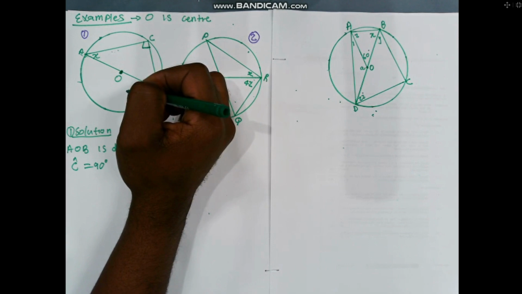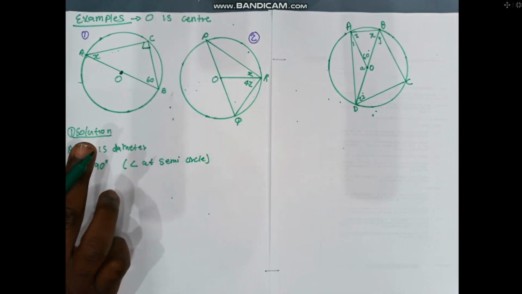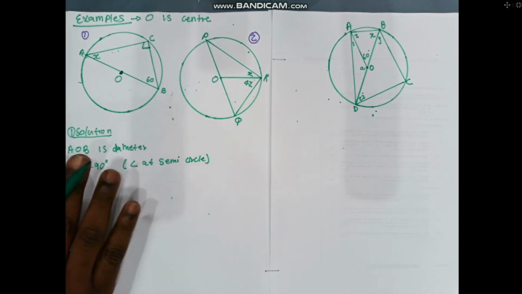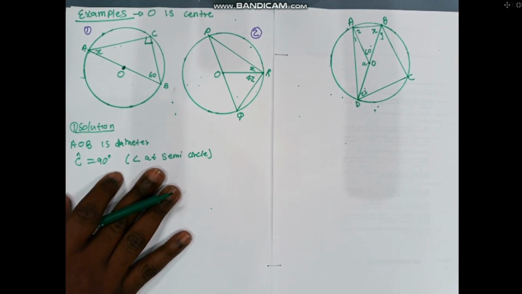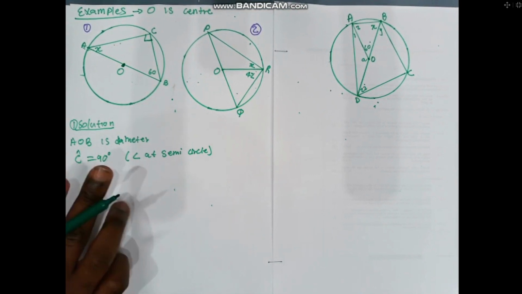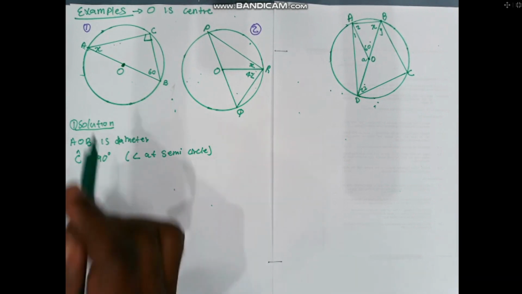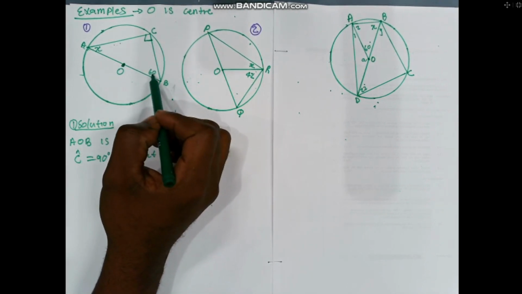First thing, you must see this, I found it in my statement. You must make sure you read your statement. If they told you A is a center or AOB is a diameter, check this first in your statement before you move on to what the question is saying or what to find and everything.